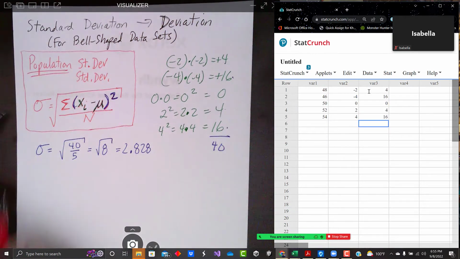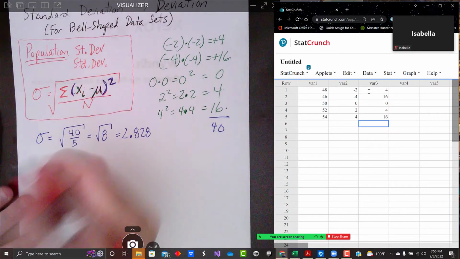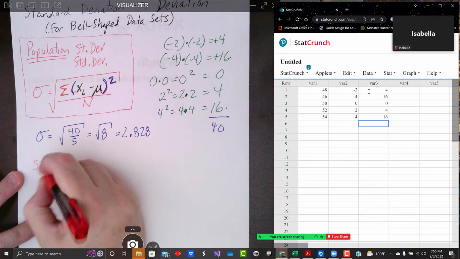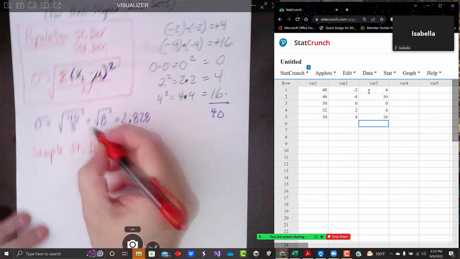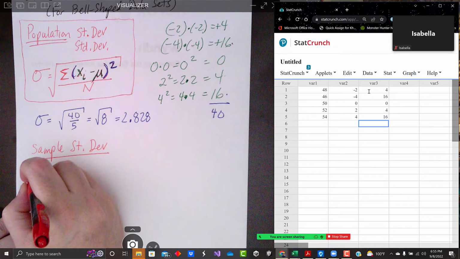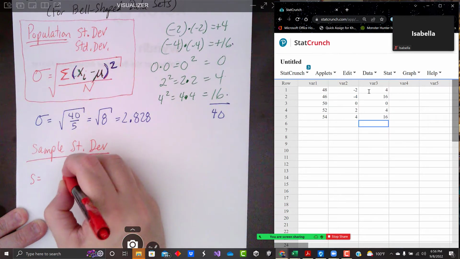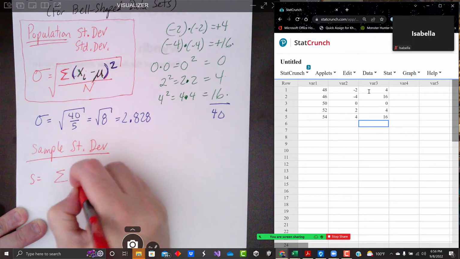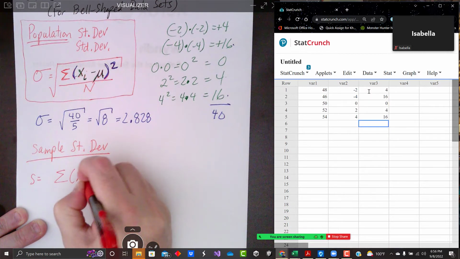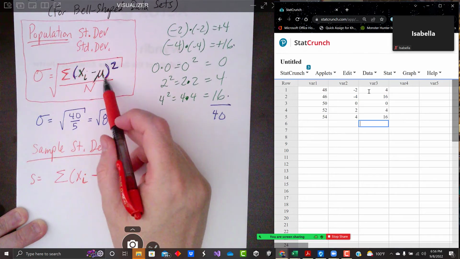The sample deviation, standard deviation, is very similar. We use S for it. And it looks very much the same. We got a summation symbol. I have an xi minus the mean, in sample is x bar, whereas the mean in population is mu.